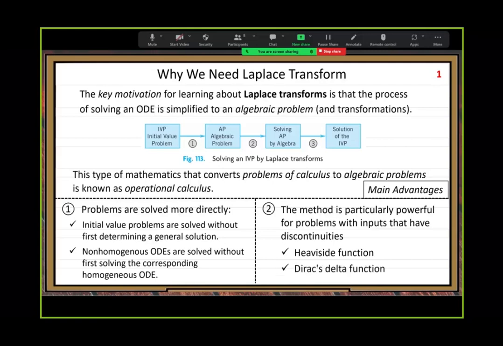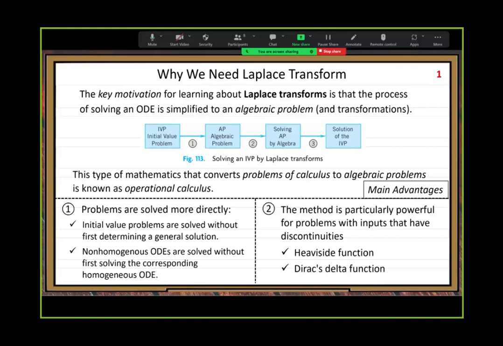Dirac's delta function, that's another very special function. We will understand that this is a very special function. The function value is hard to define. We can only define the function by its integral. Its integral can be defined, but it's hard to define the function explicitly.